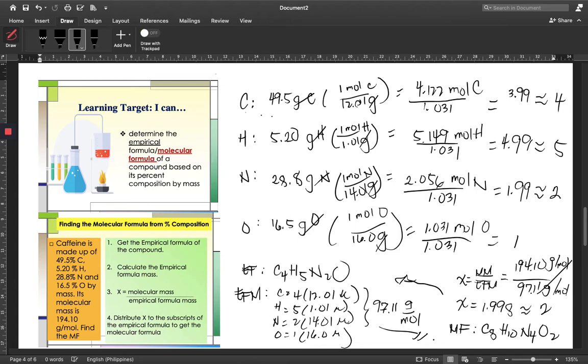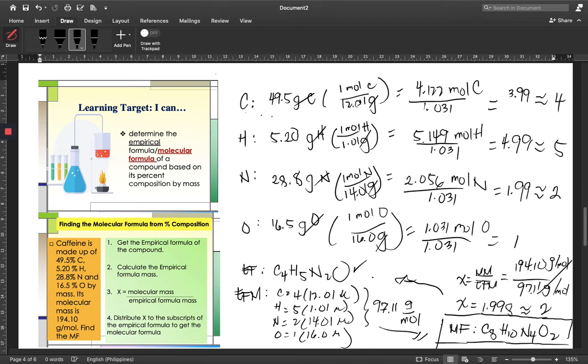And therefore, the caffeine molecule is made up of 8 atoms of carbon, 10 atoms of hydrogen. This is only one molecule, okay? We know that for each substance, they're composed of so many molecules. So 10 atoms of hydrogen, 4 atoms of nitrogen, and then 2 atoms of oxygen. So that's C8H10N4O2. That is caffeine.